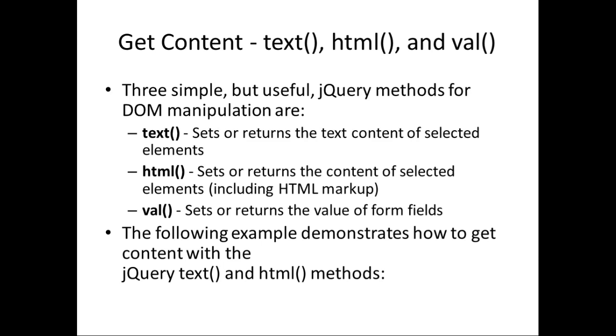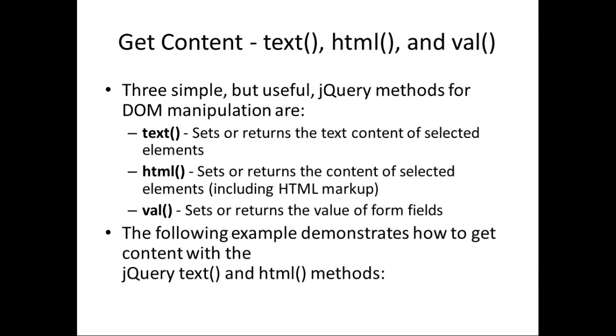HTML sets or returns the content of a selected element, including HTML markup. So that's the difference between text and HTML. For text, it's just plain text, but for HTML, it will include the HTML markup or the tags. Val sets or returns the value of form fields. So these are, for example, the input tags.